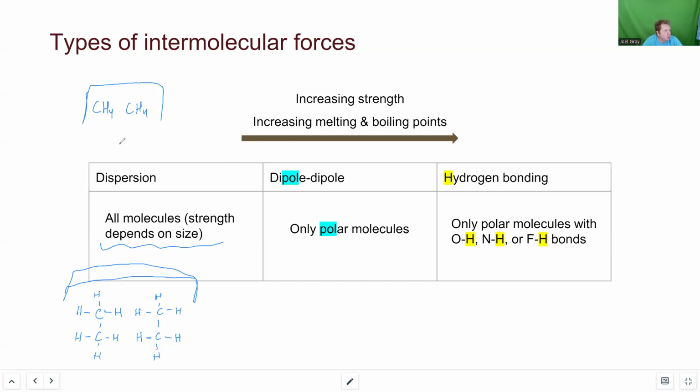So the stronger dispersion forces are between these because these molecules are larger. There's more opportunities for dispersion forces.